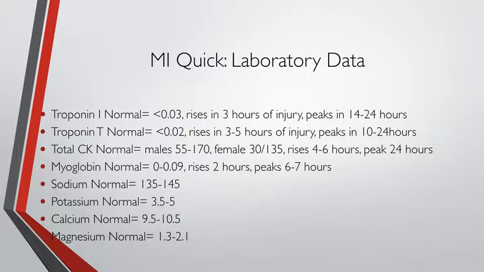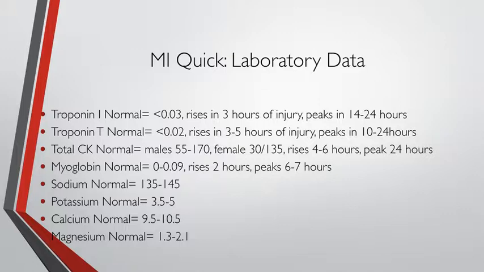We should be looking at troponins. You have troponin I and troponin T. These are the most specific labs that can see and evaluate the degree of cardiac muscle damage. It can help determine cardiac from non-cardiac causes of chest pain.